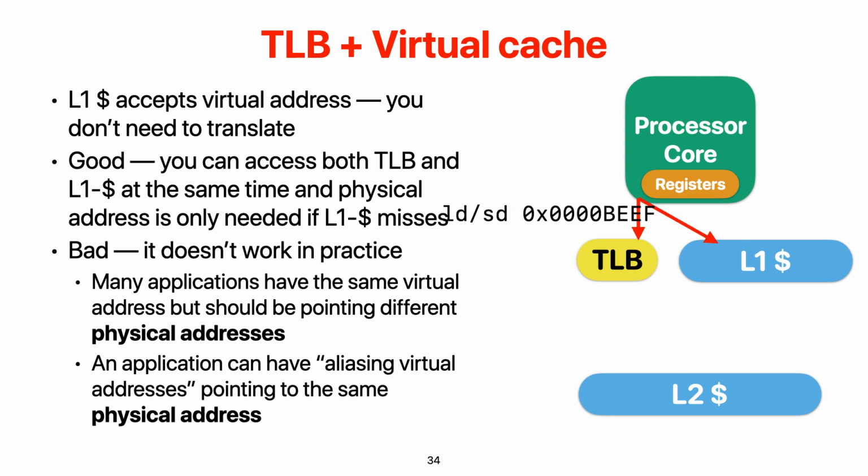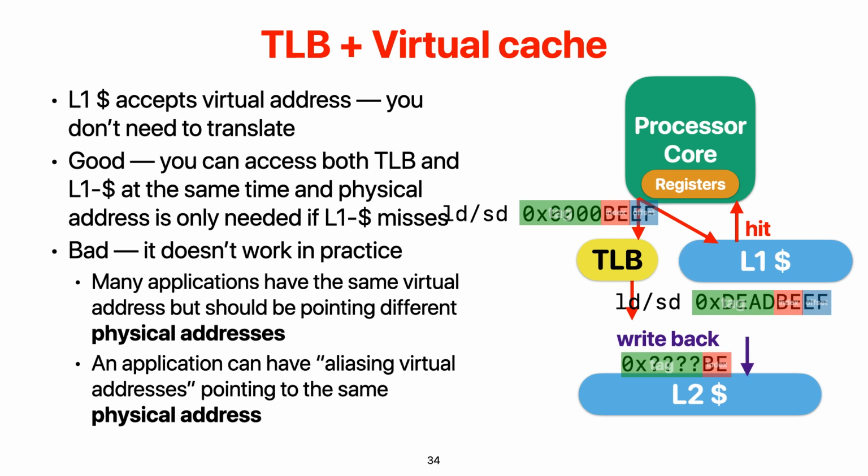Whenever you access the cache, you use the virtual address as the input to both the L1 cache and the TLB, and the L1 cache uses the virtual address to identify if it's a hit or miss. Only if there is a miss do we need the translated physical address to access the L2 cache and get the data we need into the L1 cache. So it sounds like a reasonable design.